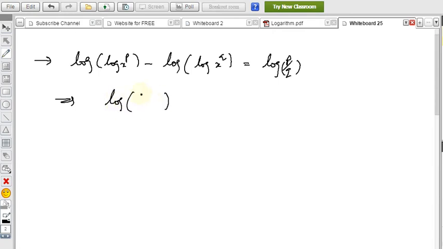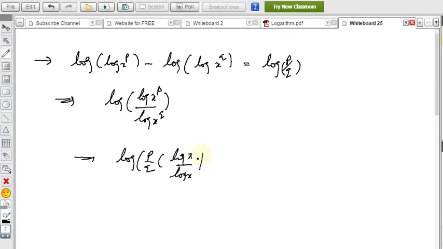So log of a by b means log x power p by log x power q we can write. This is p by q into log x by log x. Both get cancelled. Then log p by q will come.